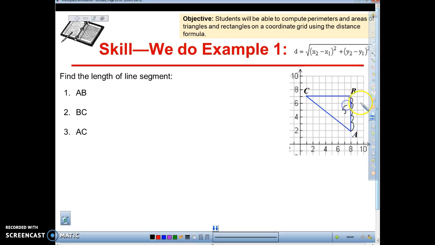That distance, 5 units. So AB is 5 units. For BC, I'm just going to count again. 1, 2, 3, 4, 5, 6, 7. 7 units. So vertical and horizontal distances are extremely easy to calculate in a coordinate grid.